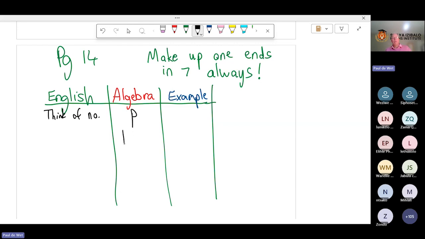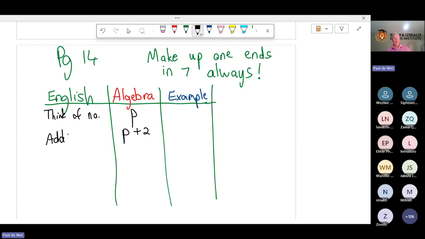Who can tell me what English have I applied if P has become P plus 2? What must I tell the person to do? The person who's doing this problem. Well done. Add 2. Thank you.